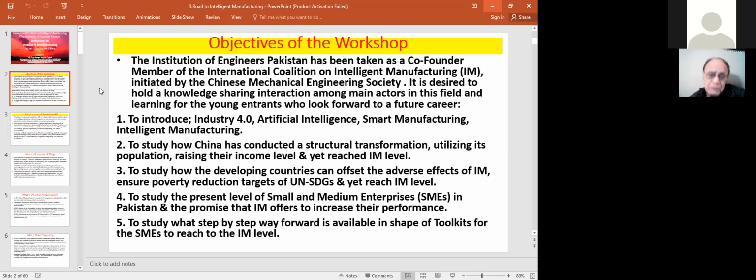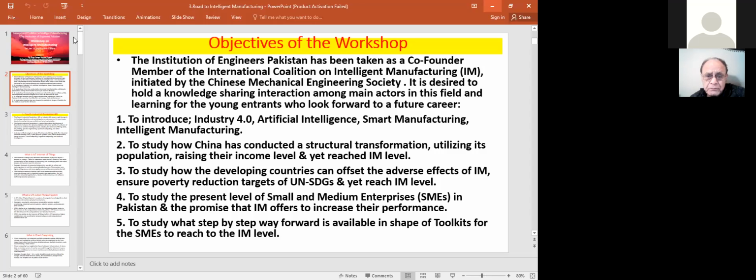So we will go through this in chapter 1. Then next, we will study how China has conducted a structural transformation as far as manufacturing is concerned. It has taken a lead, and it has utilized its population, and it has raised the income level to quite an extent by the use of intelligent manufacturing.